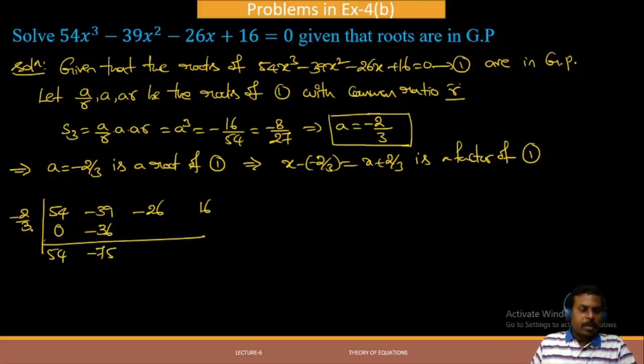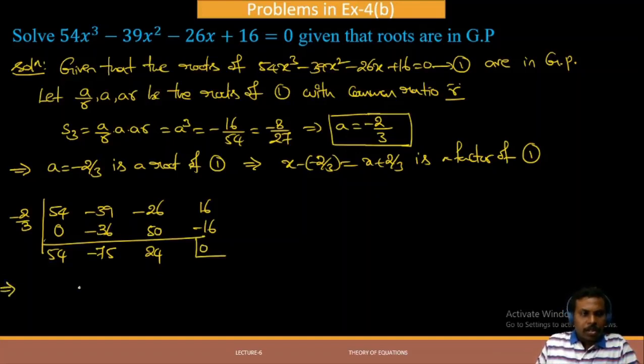Now minus 2 by 3 into minus 75 is 50, so this becomes 24. Minus 2 by 3 into 24 is minus 16. The sum is 0.